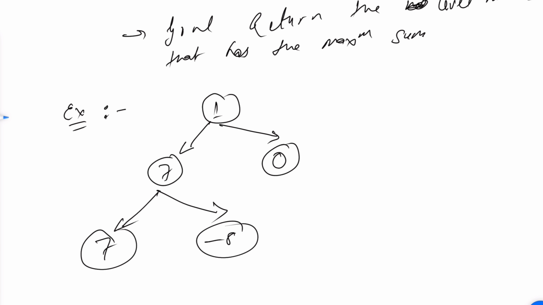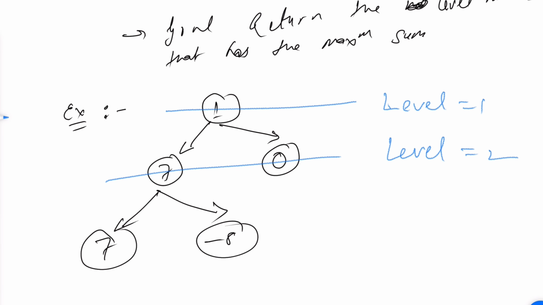So very first, if we talk about the levels, we know that this is level 0, this is called level 1, this is called level 2, this is called level 3, like this. In the traversal there are two things, right?